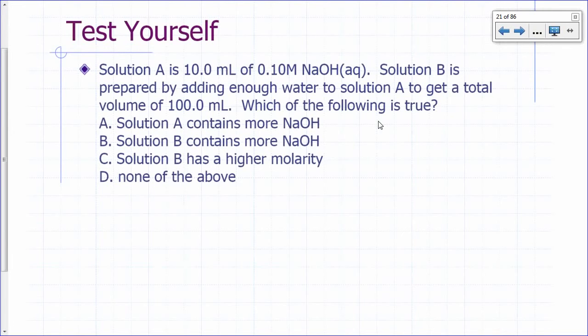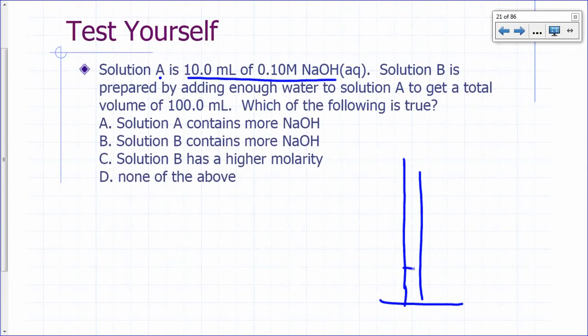So here's an example. Solution A is 10 mL of 0.1 molar sodium hydroxide. So let's say you have, here's a graduated cylinder, 10 mL of 0.1 molar sodium hydroxide.